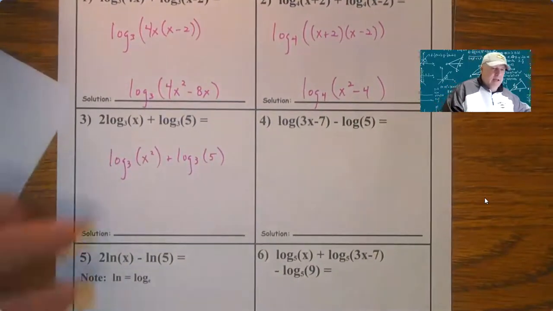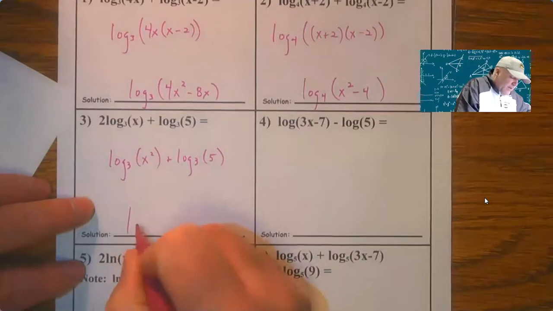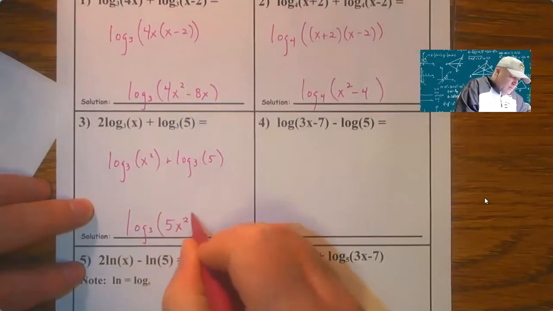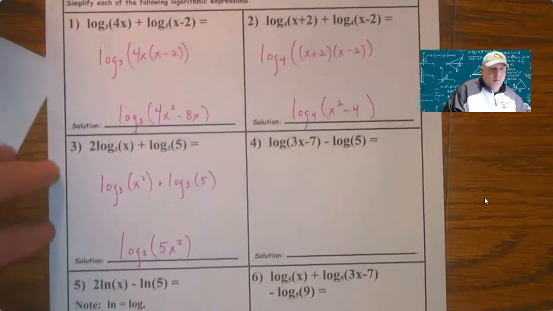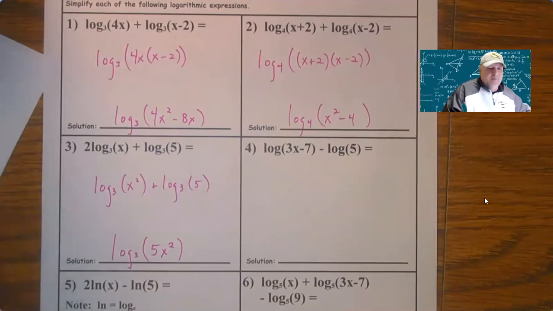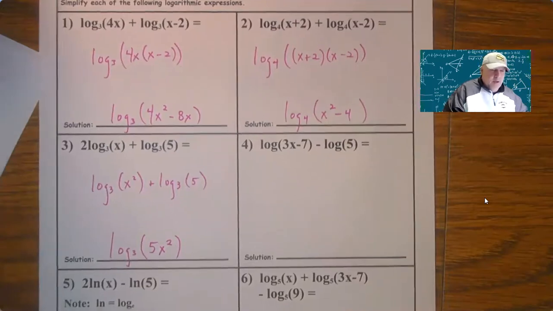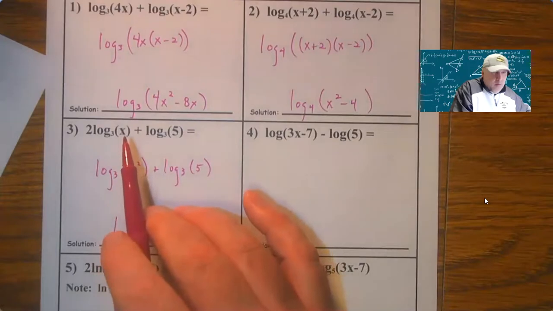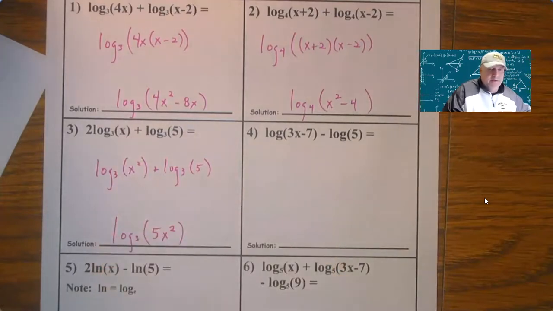And now you're adding again, so you're going to multiply together what you have inside and create one logarithm statement. So just be careful that you're doing that multiplying correctly and move any coefficients that you see inside as a power on that index number or function, whatever's in there.